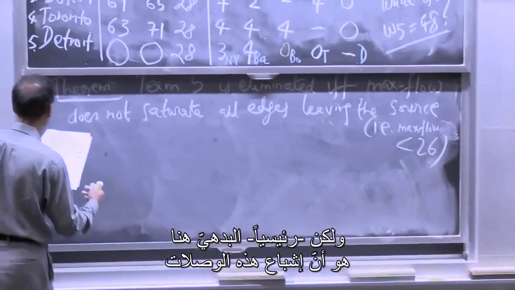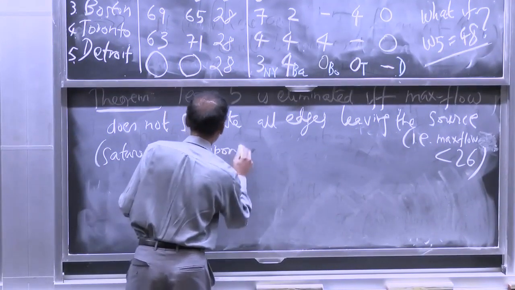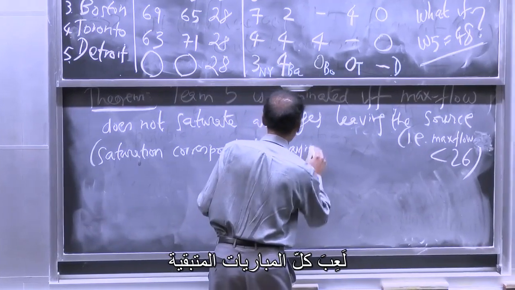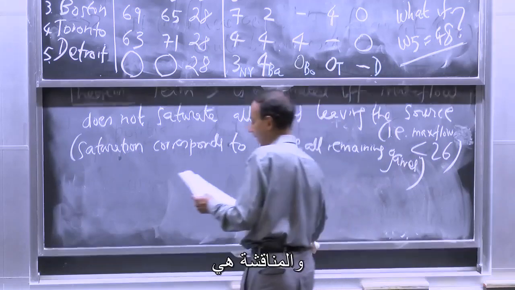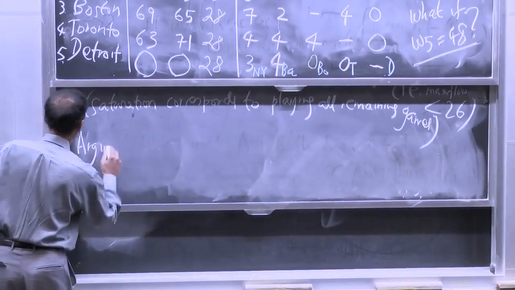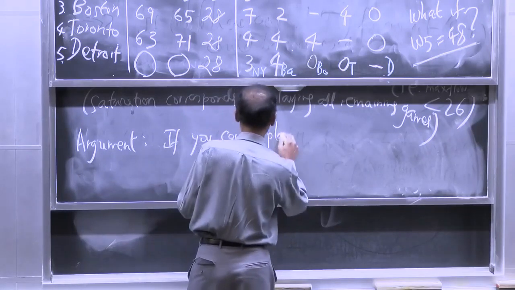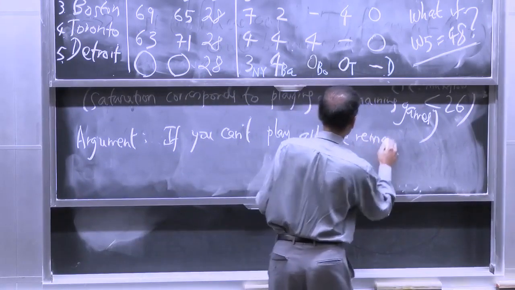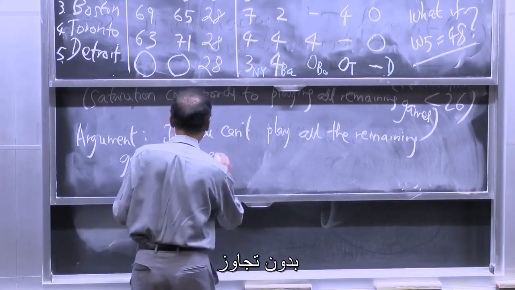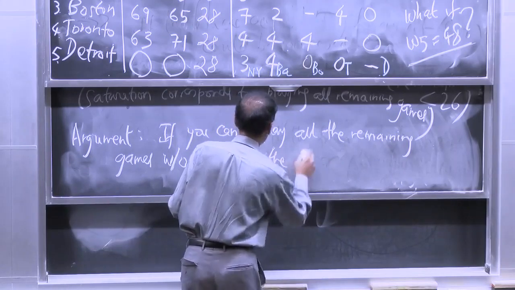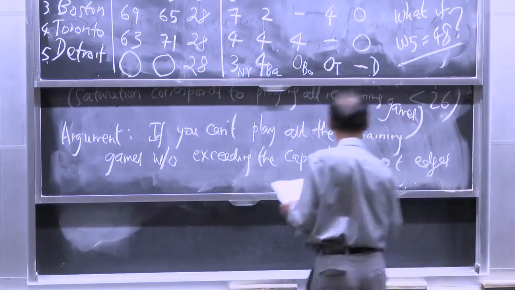But basically the intuition here is that saturation of those edges corresponds to playing all remaining games, and the argument, not a proof, is: if you can't play all the remaining games without exceeding the capacity of the I to T edges, Team 5 is eliminated.